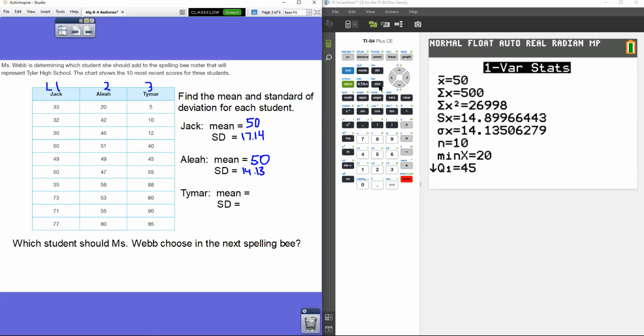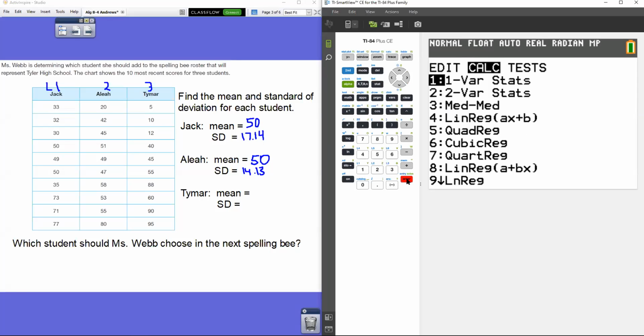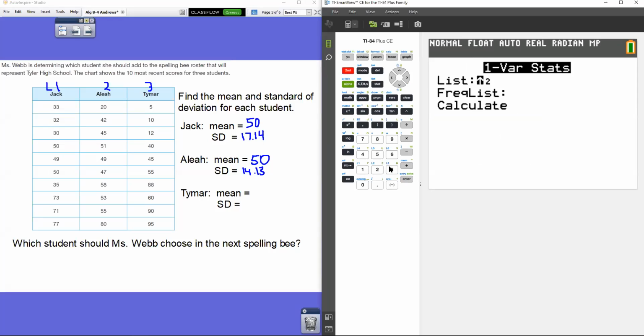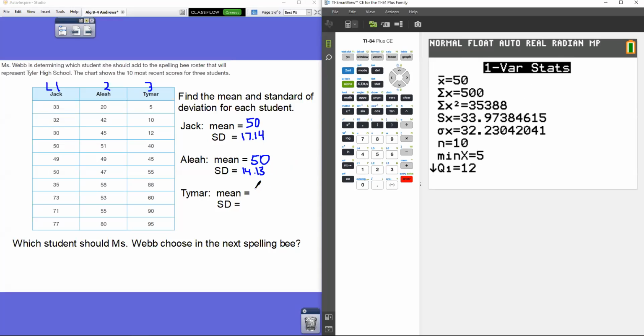And then for Timar, I typed the data into L3, and I got a mean of 50 and a standard deviation of 32.23.